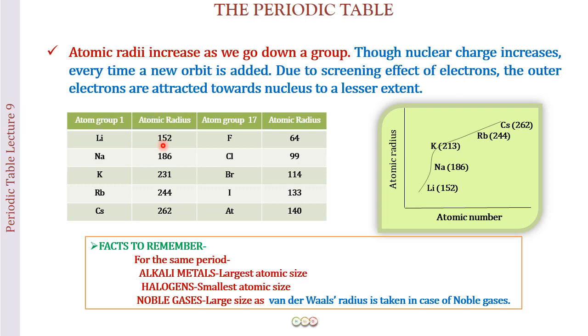Similarly, comparing group 1 and group 17, the alkali metals are going to have the largest atomic size in the period, and halogens are going to have the smallest atomic size. What about the noble gases? Noble gases are going to have a large size because we are taking the van der Waals radius in the case of noble gases. I hope everything is clear to you till now.